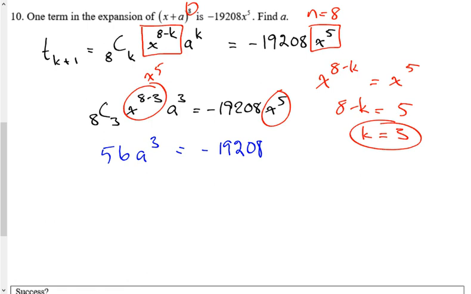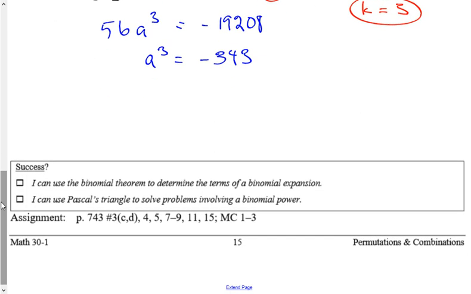So we'll do a bit of math here, dividing. And I get a cubed equals negative 343, which is... since my left number is cubed, I could cube root both sides.